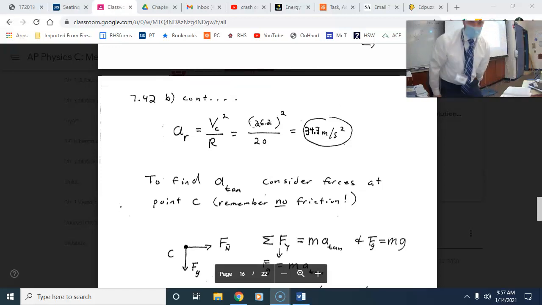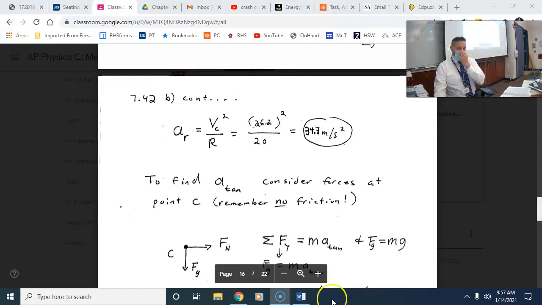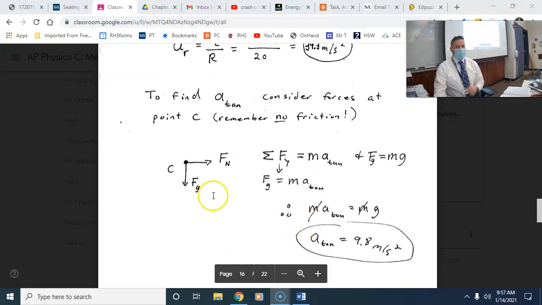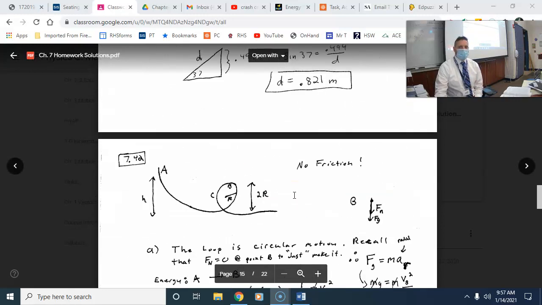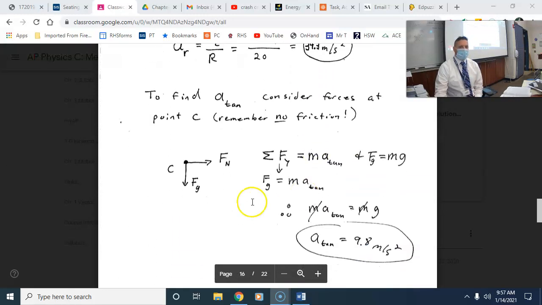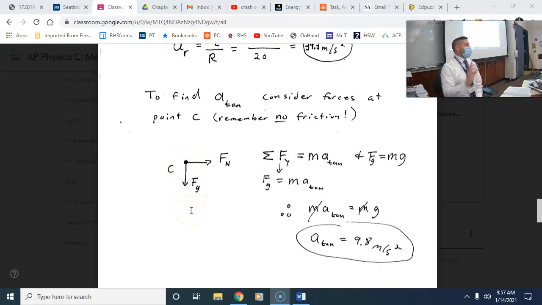All right, so I'm going to make a free body diagram at position C. Again, right there. So we're on our way down, but the forces on me at position C would just be gravity down, and there's still the centripetal normal force making me go through the curve, right? Which always points towards where? The middle, the center. That's why it points that way.